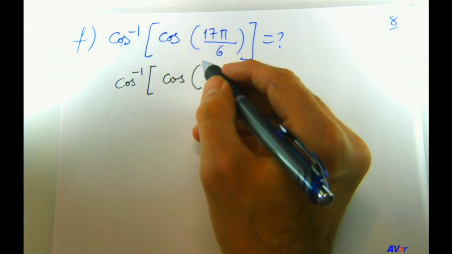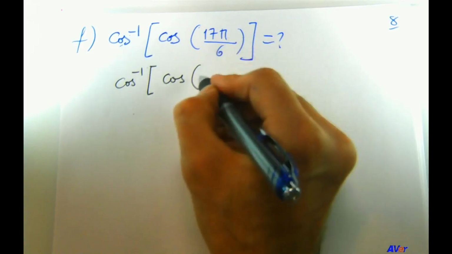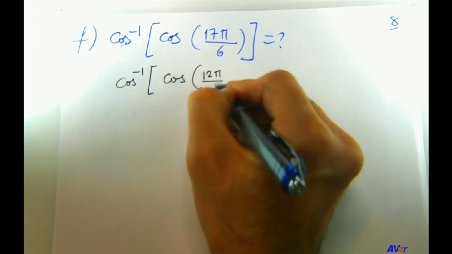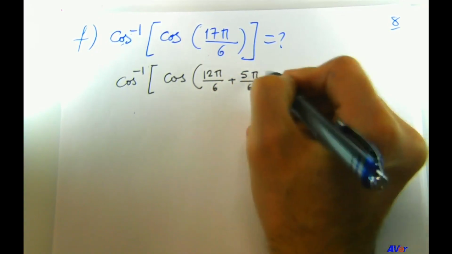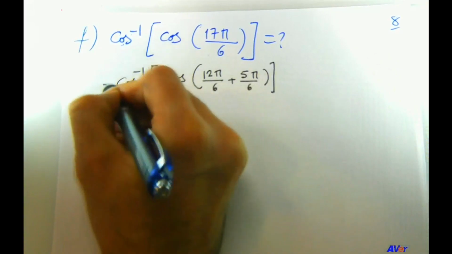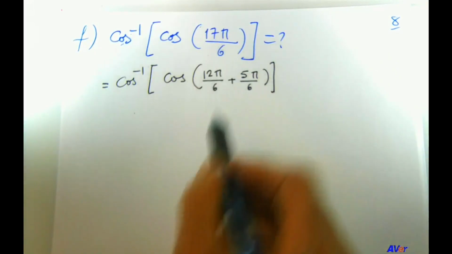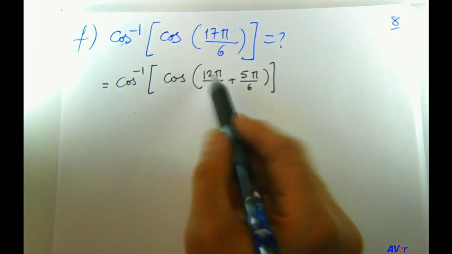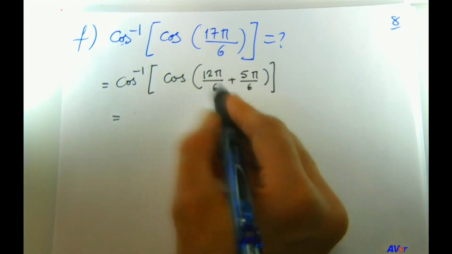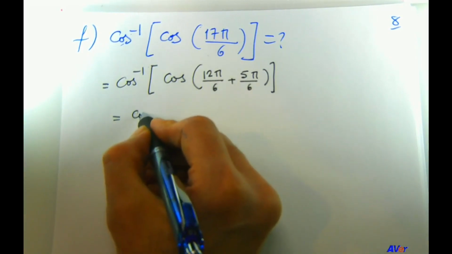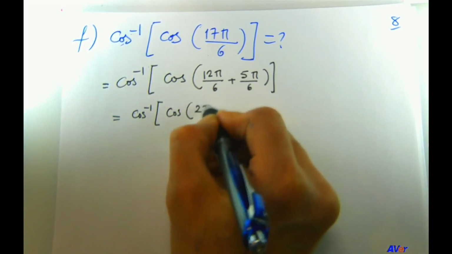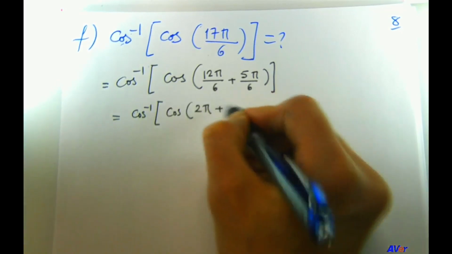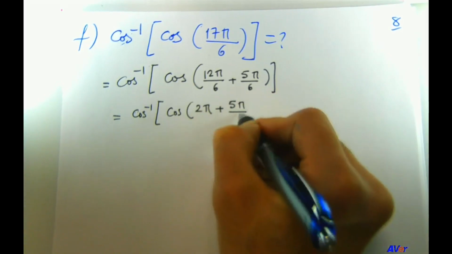So let's do 12 pi over 6 plus pi over 6, right? We need to break this up. And so this is simply 2 pi, right? Cosine of 2 pi plus pi over 6.